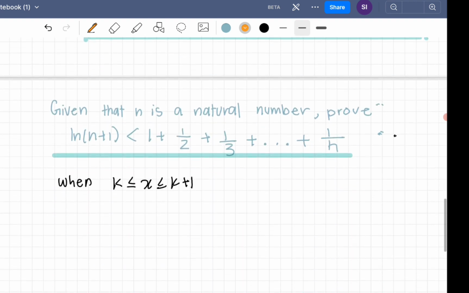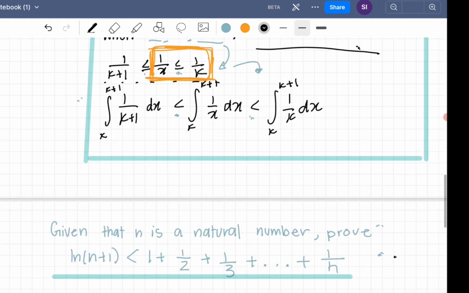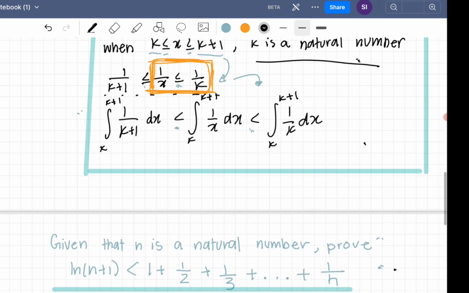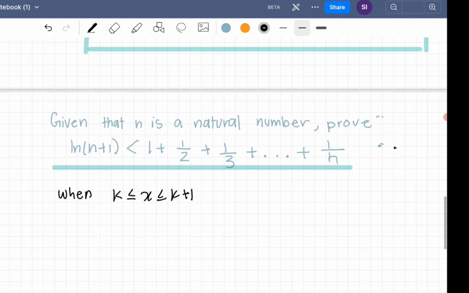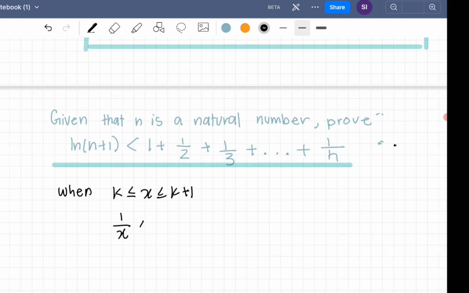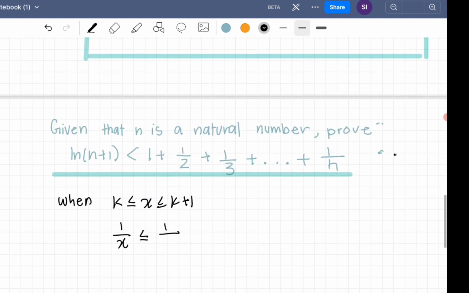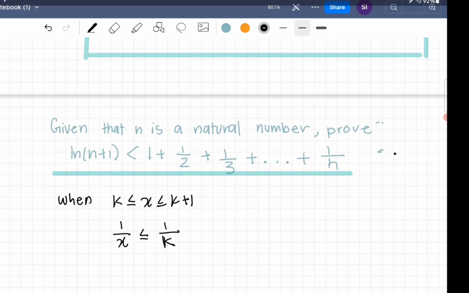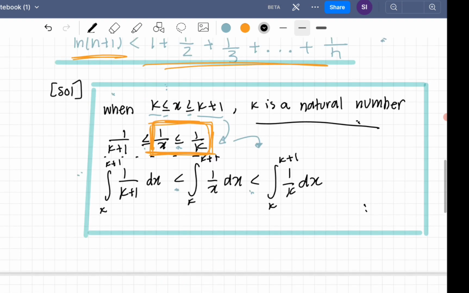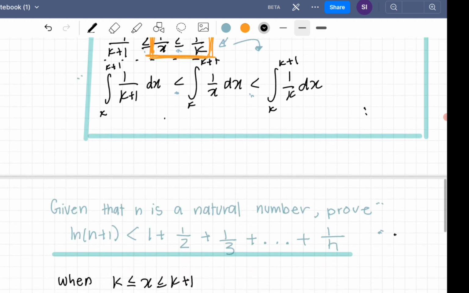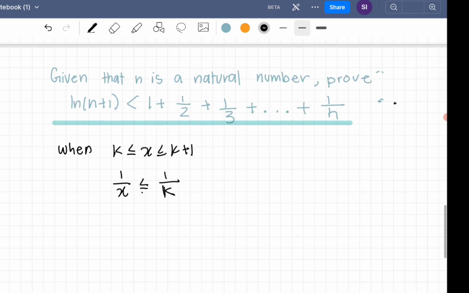We can just copy that because we already know this method. So when this is true, then we know 1 over x is less than or equal to 1 over k. And remember, the inequality sign still holds true because we haven't taken the integration yet. Now, let's take the integration.